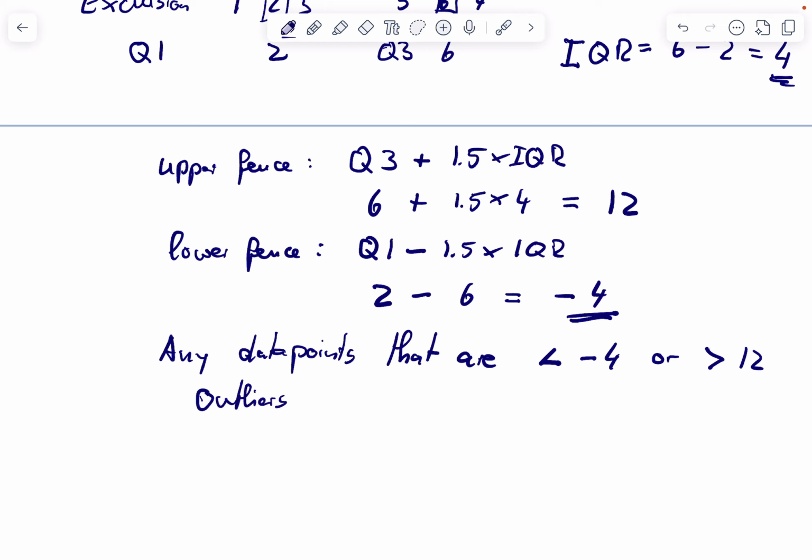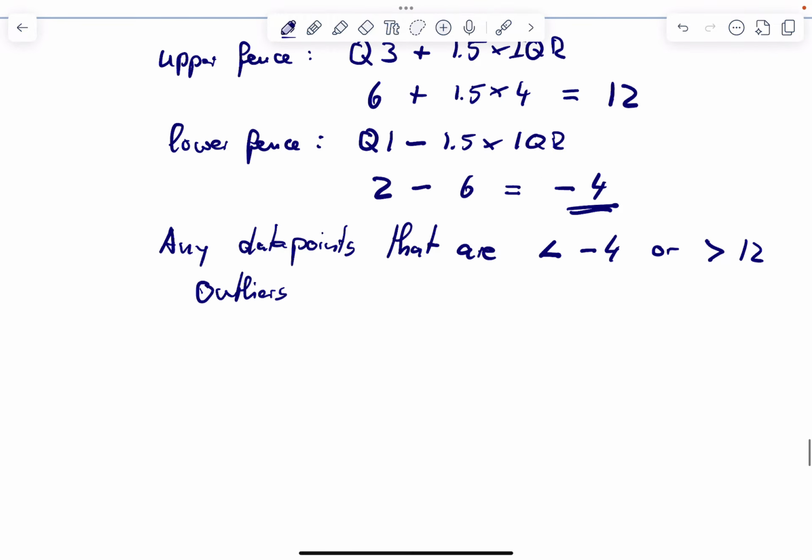So that is the IQR method. Now, what are we going to do with outliers? We have different options when we are dealing with outliers. So how to handle outliers?